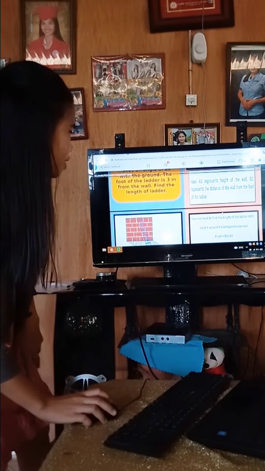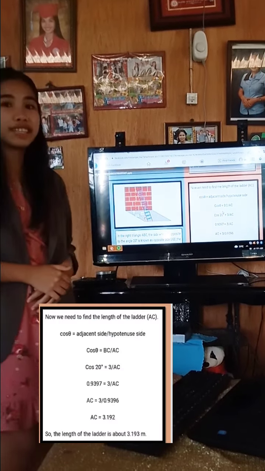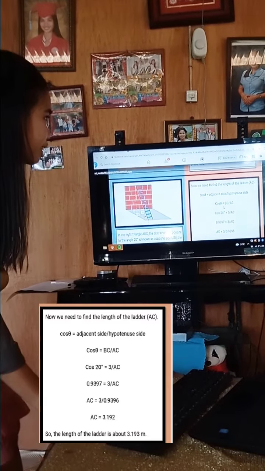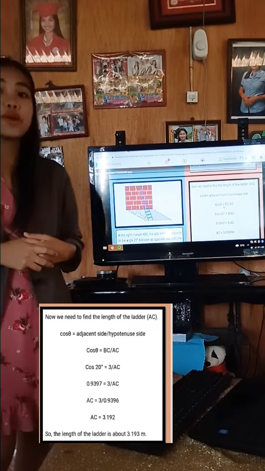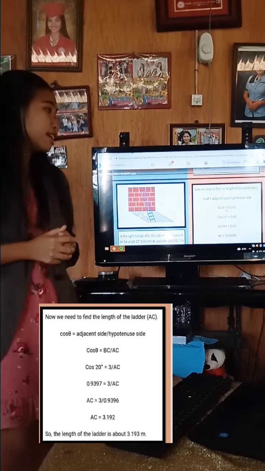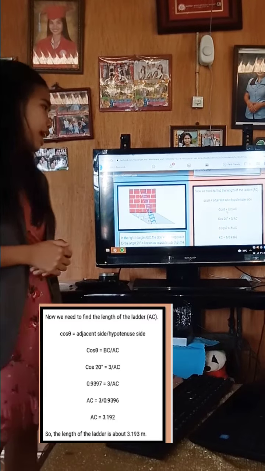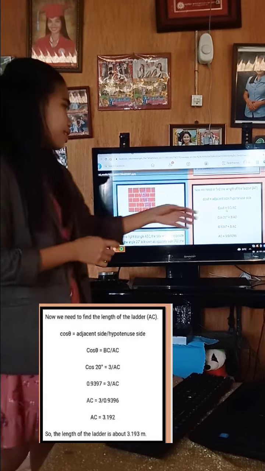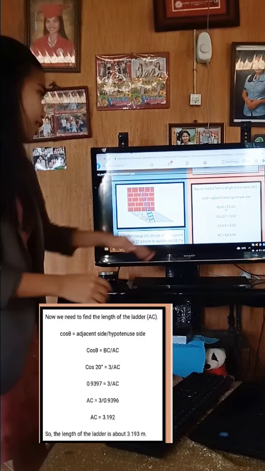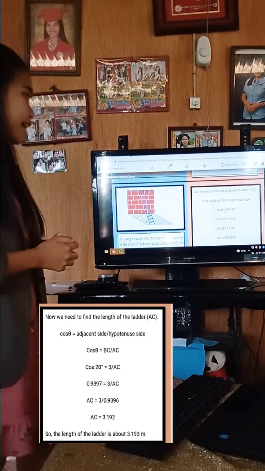For the solution, we need to find the length of the ladder, or the side AC. So we are going to use the formula cosine theta equals the adjacent side over the hypotenuse side. We put in the known values: cos theta equals BC over AC.